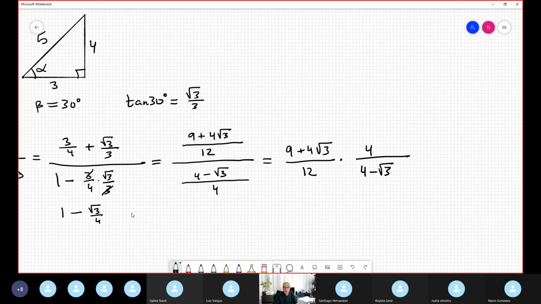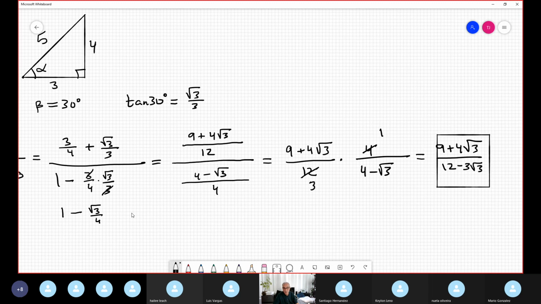So you see that this is cancelled. This is divided by 4 is 1, divided by 4 is 3. And so far the answer is 9 plus 4 radical 3 divided by, well, 3 or 12, it doesn't matter. 3 times this, or you distribute it, is 12 minus 3 radical 3. You can continue simplifying, of course.